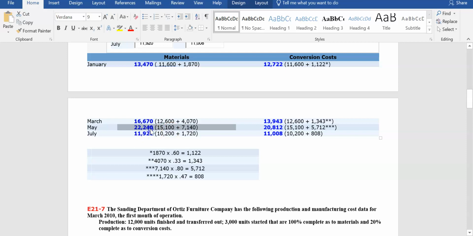Total equivalent units with respect to materials, 22,240. With respect to conversion costs, 15,100 completed and transferred out, plus the 7,140 that are only 80% complete with respect to conversion, means total equivalent units during May with respect to conversion costs are 20,812.